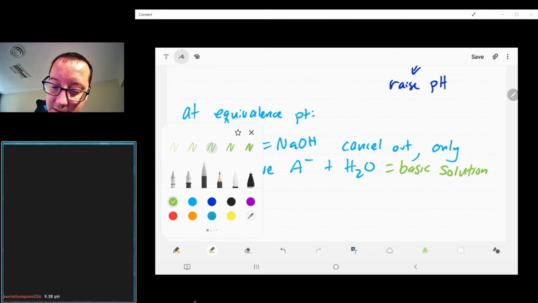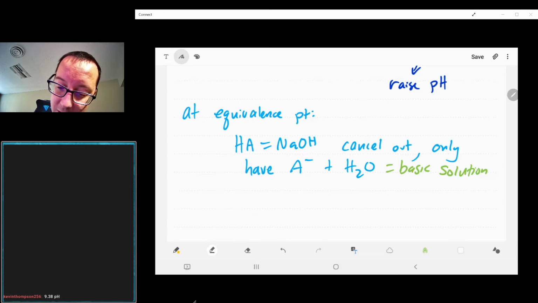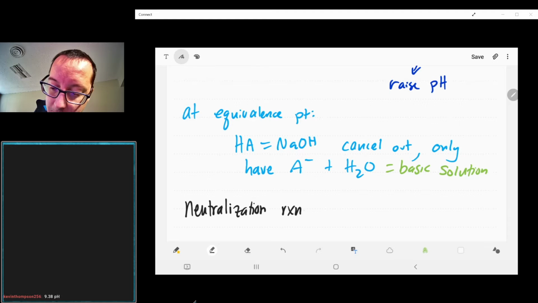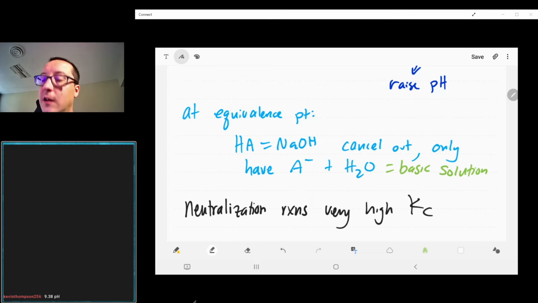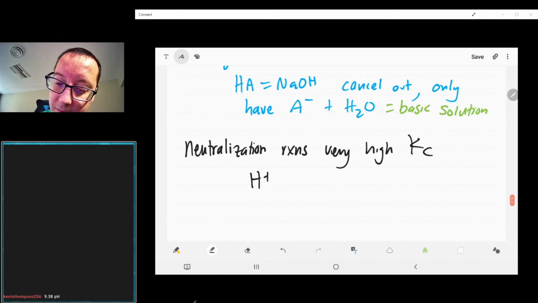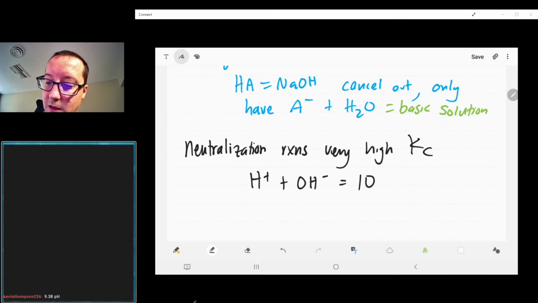The reason for this is neutralization reactions, by the way, have very high equilibrium constants. So the equilibrium constant of this is, oops, I guess putting it to water.